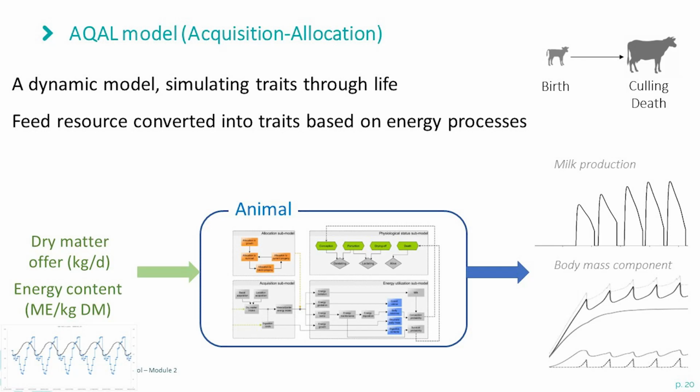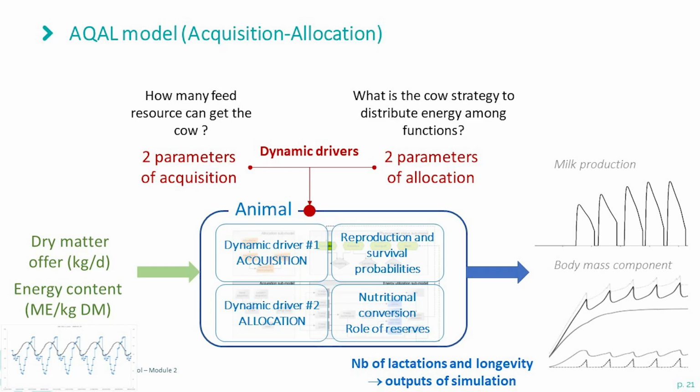Basically, the model needs an environment based on dry matter offer and energy content. It transforms all of this resource to generate milk and body mass component outputs. The code incorporates four different components. Obviously acquisition and allocation, which are really the dynamic drivers.